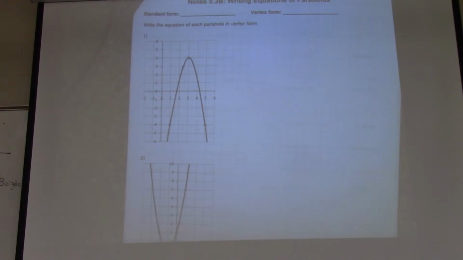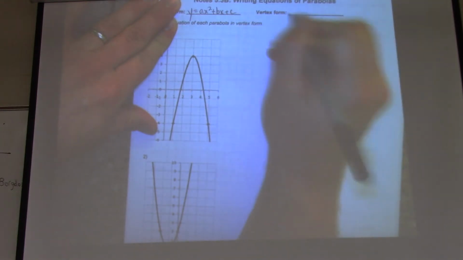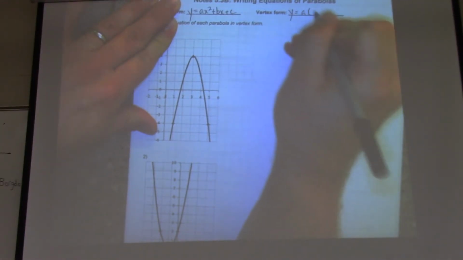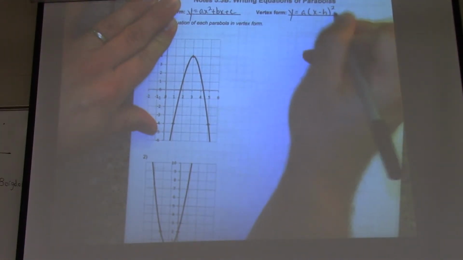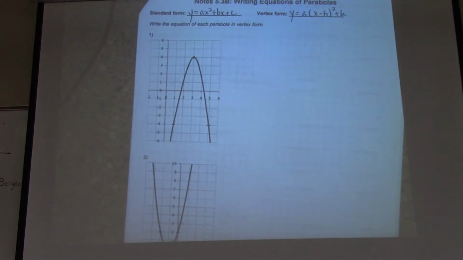Here we go. We have, of course, y equals ax squared plus bx plus c, and vertex form.